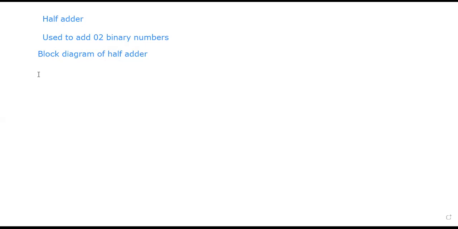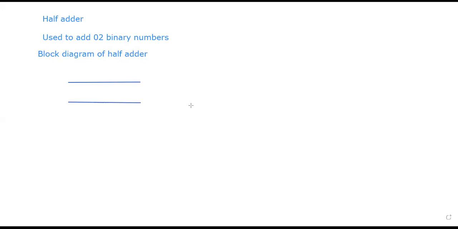After we are done with the block diagram, we'll draw the logic circuit of the half adder. Let us start the block diagram. Here we have two inputs and two outputs.